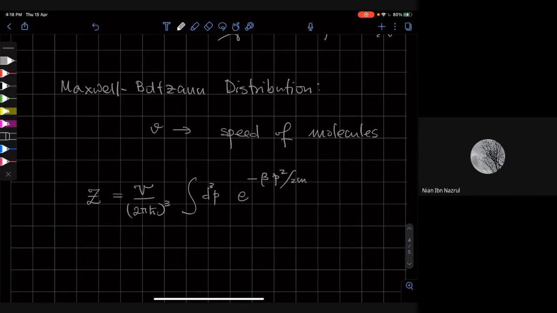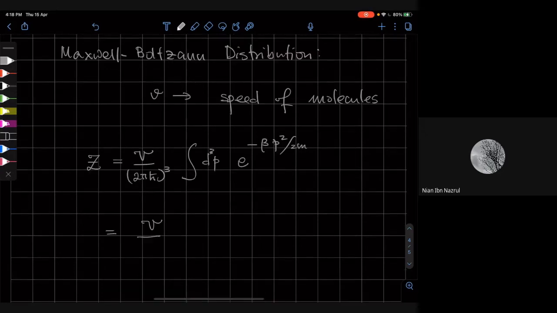Okay, so let's go to the next line. We are interested in finding the speed distribution, and what we're going to do is go to polar coordinates in momentum space.